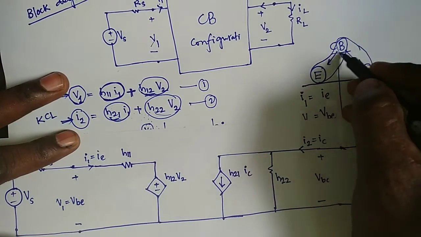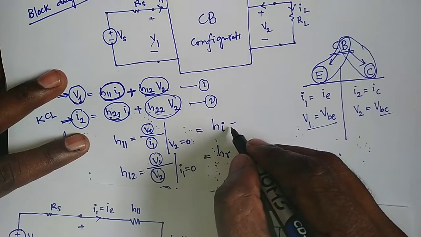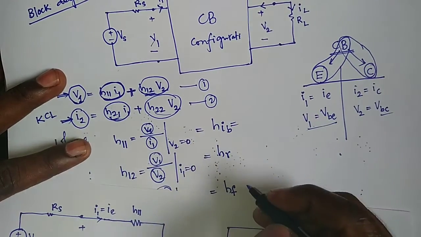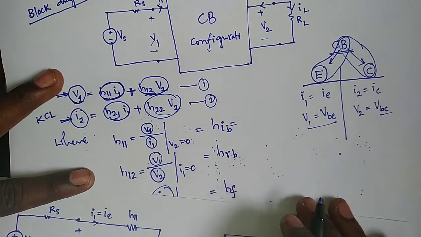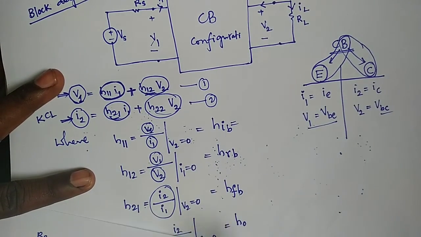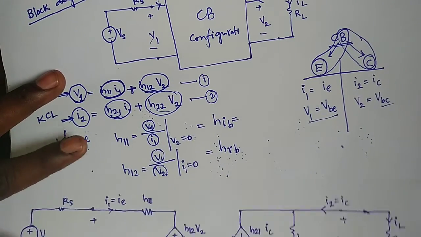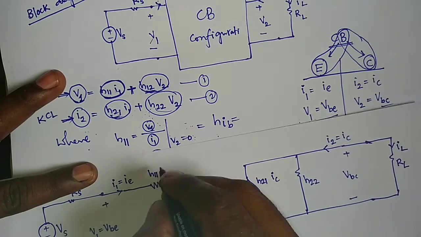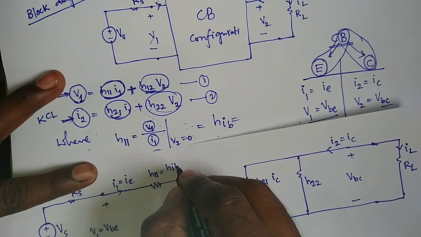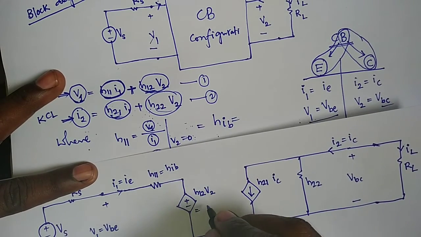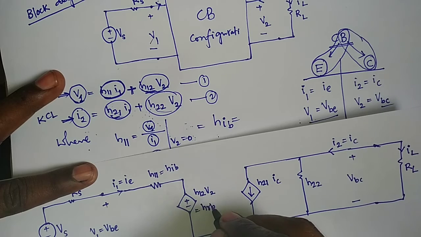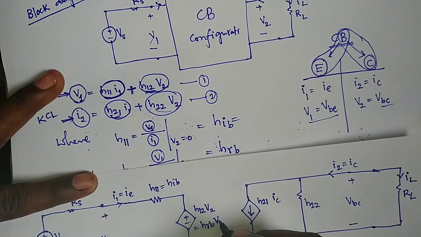Now we are in common base. All H parameters HI, HR, HF and H0 are represented as HIB, HRB, HFB and H0B. So H11 is replaced by HIB. Next, H12 is replaced by HRB V2, where V2 is VBC.